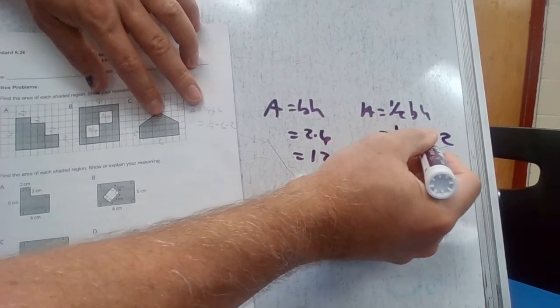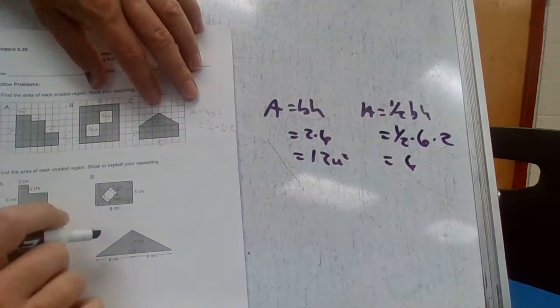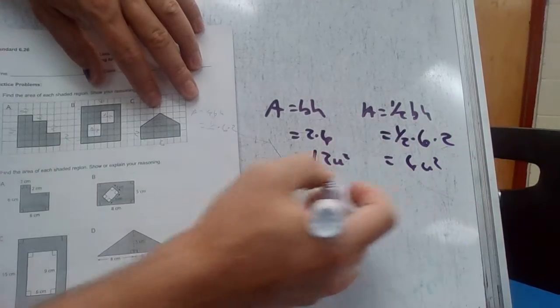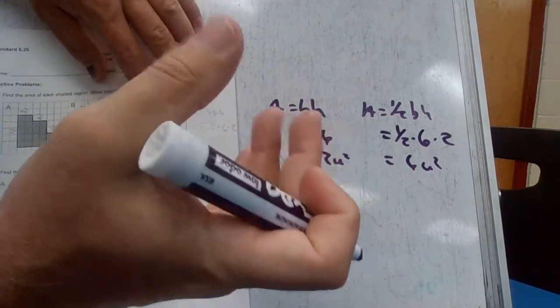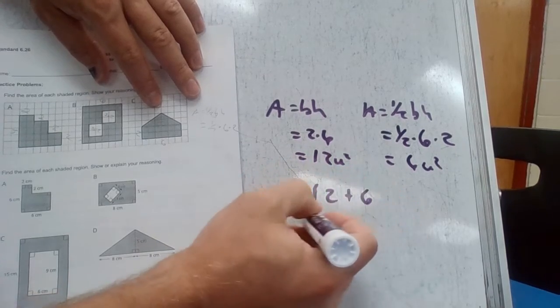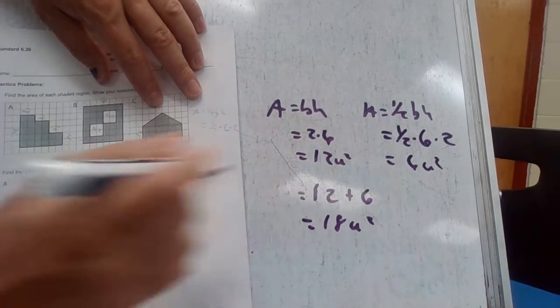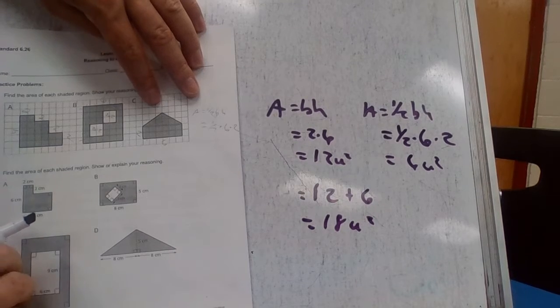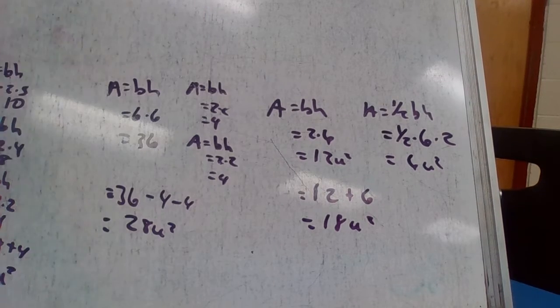So half of 6 is 3. 3 times 2 is 6. So 6 units squared. You can combine because it's a composite. Composite means together. So 12 plus 6 equals 18 units squared. If you have any questions on those, let me know. This is lesson 2, reasoning to find area.